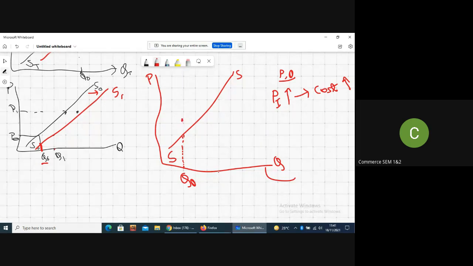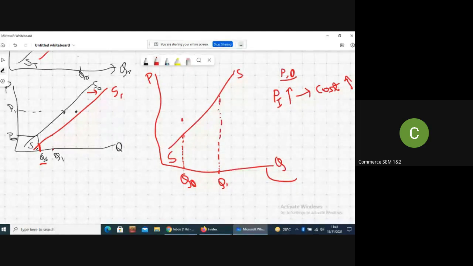Now take any other amount, Q1 amount of output. Before the increase in price of raw materials, the producer needed this much price, the minimum price. Otherwise, they would not have sold this amount of samosa. Now they need at least this price, higher than this price.